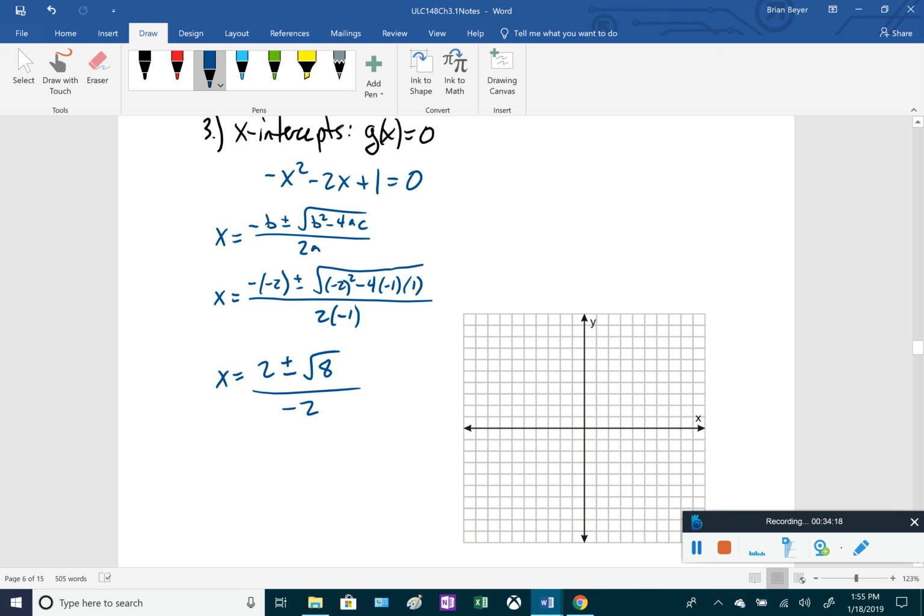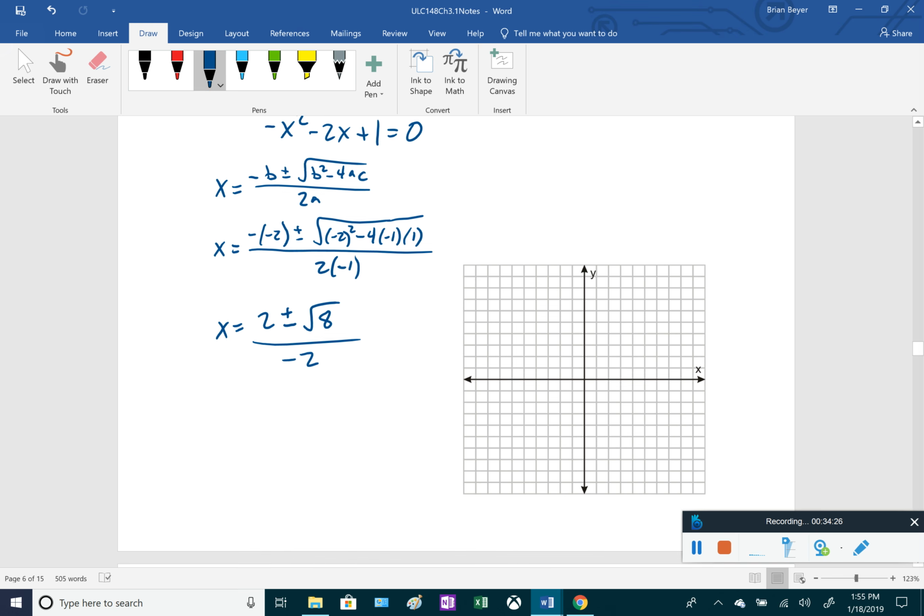We want an actual decimal answer for this so we know where to graph it, unless you know where to graph that right now. If we plug this into our calculator and did 2 minus radical 8 over -2 and then 2 plus radical 8 over -2, we'd end up getting these two values. x equals -2.4 or x equals positive 0.4. So those would be our x-intercepts.